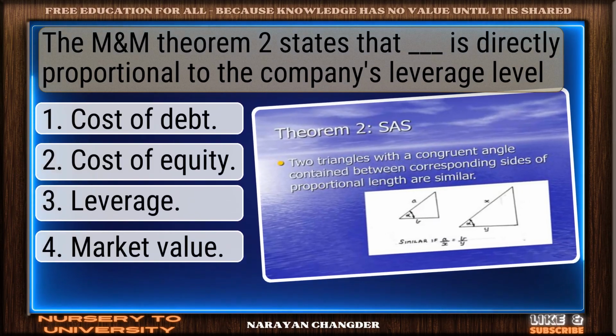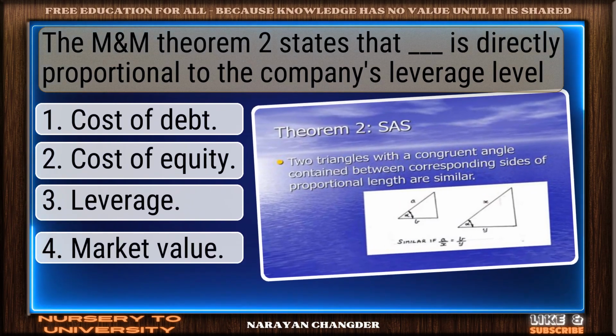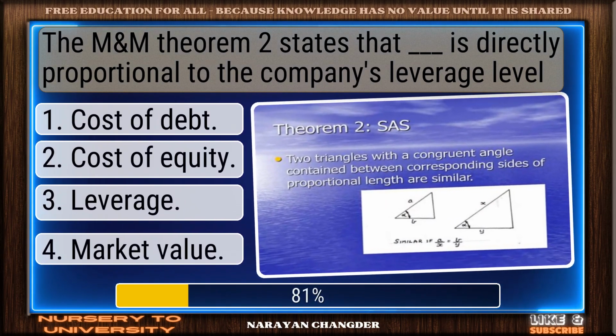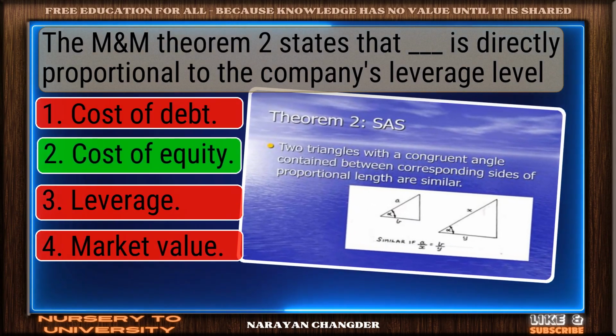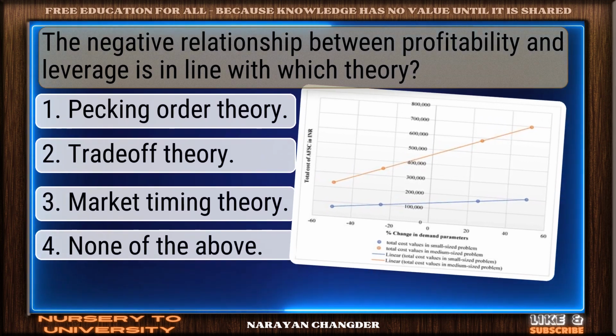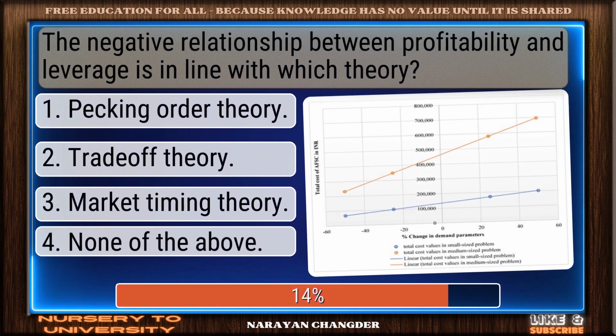The M&M theorem 2 states that dash is directly proportional to the company's leverage level. Good job. Your answer cost of equity works well here. The negative relationship between profitability and leverage is in line with which theory?